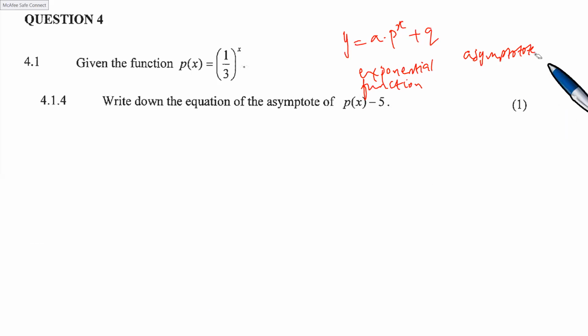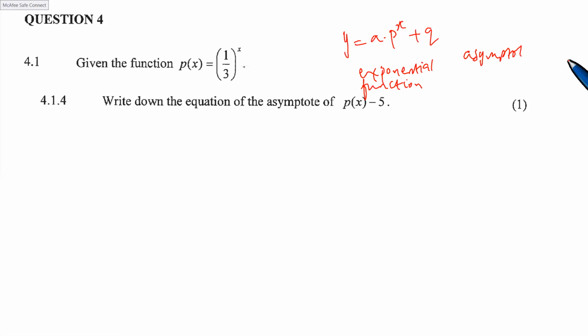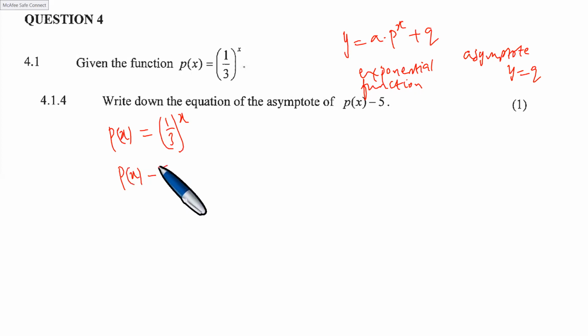So at this point, the asymptote is going to be the q. So the asymptote here is y equals q. So you come here, p of x equals 1/3 to the power that. So which means that you have this one to the power x minus 5.